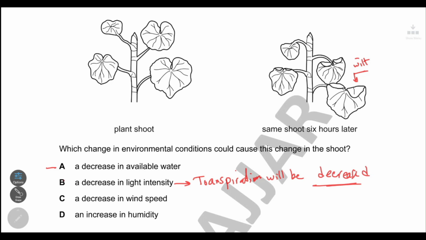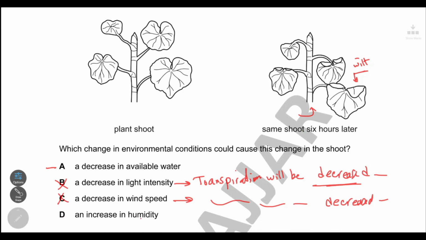So it is not correct. C, a decrease in the wind speed. If the wind speed decreases, the transpiration will also decrease, and the wilting will not occur. D, an increase in humidity, so this is wrong.